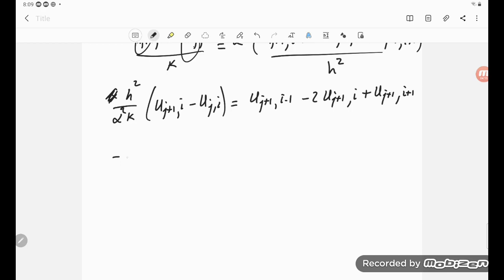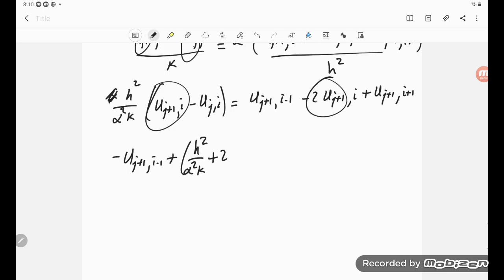minus u sub j plus 1, i minus 1, plus h squared over alpha squared k plus 2, because I've got that term and I've got that term. I'll get a plus 2 from this one, and I'll have the h squared and so forth times the other.